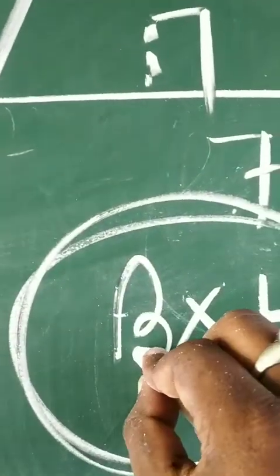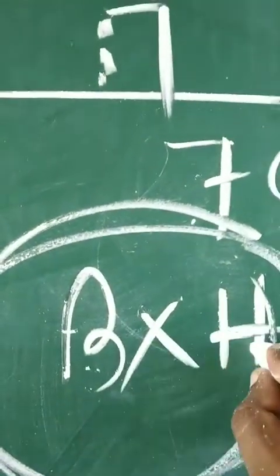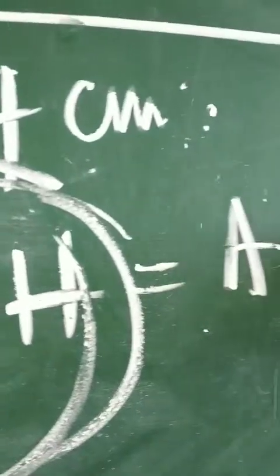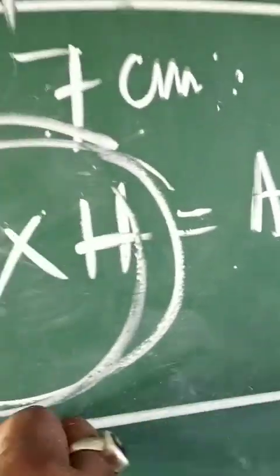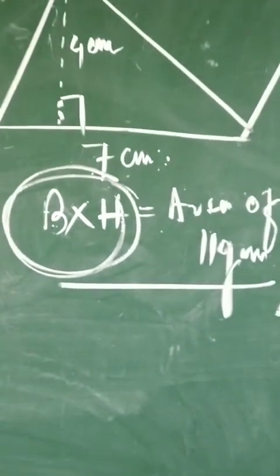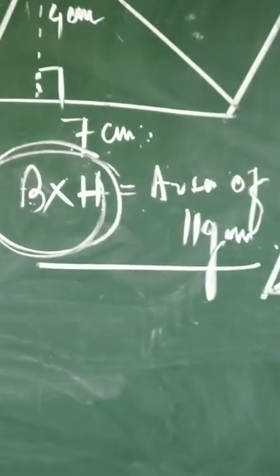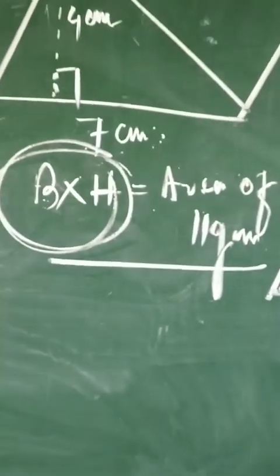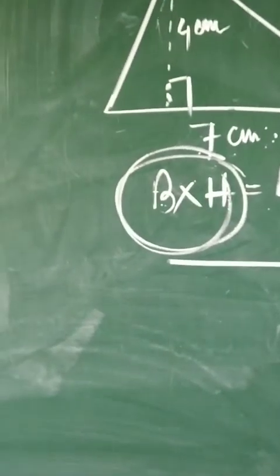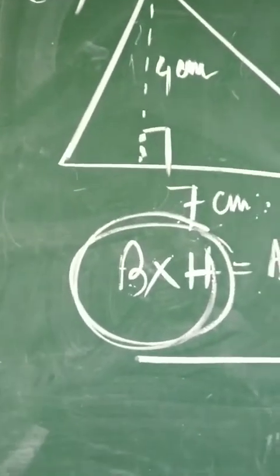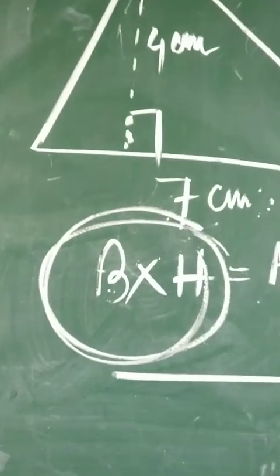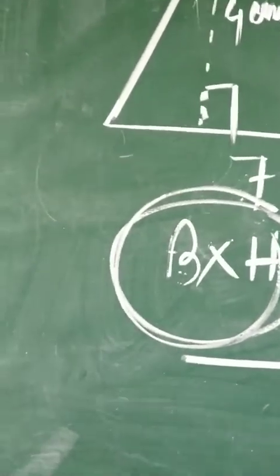Base into height, the product of base and height gives the area of parallelogram. As we are promoted to higher classes, we will come to know more about parallelogram. Right now, as we are studying in class 7, we will only understand how to find the area of a parallelogram.